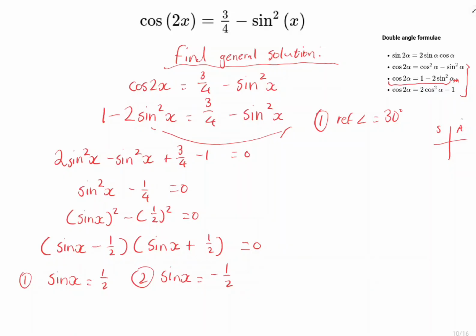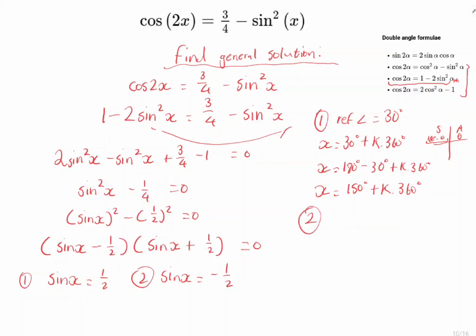So the form is going to be angle, and 180 degrees minus angle. We already have the angle, which is this reference angle. So the first solution would be 30 degrees plus k dot 360 degrees. Second solution, we're going to use this form over here. So it's 180 degrees minus the reference angle, plus k dot 360 degrees. X is equal to 150 degrees plus k dot 360 degrees.